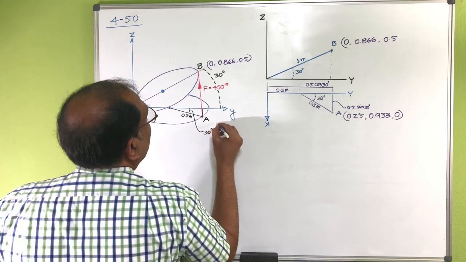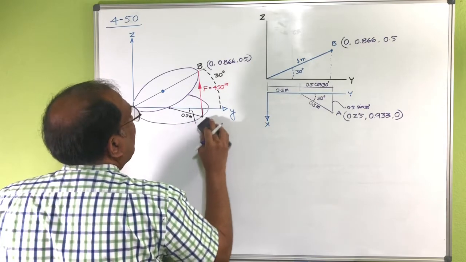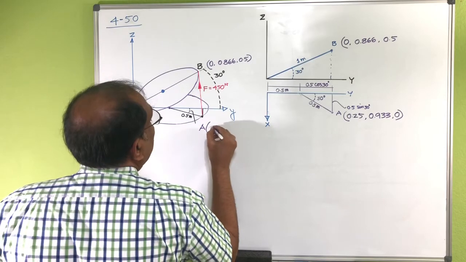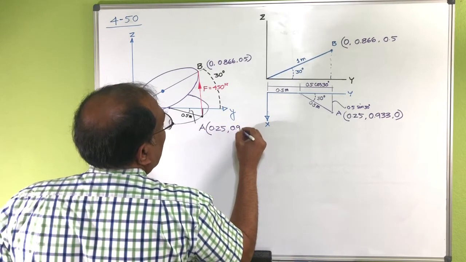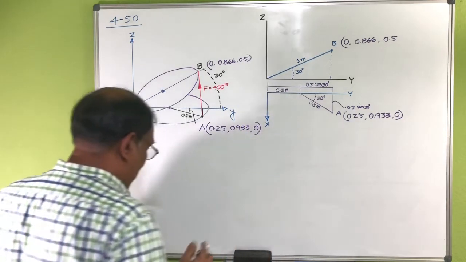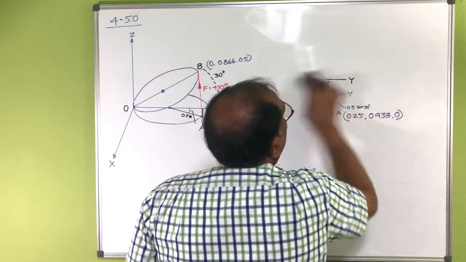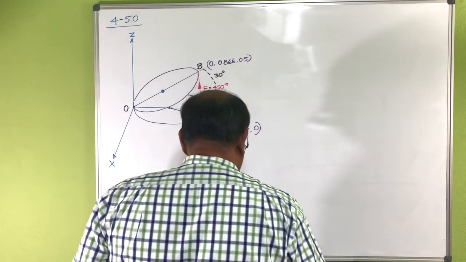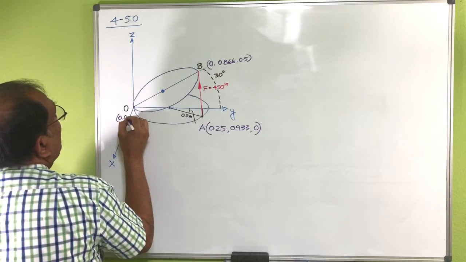For A, the location of A is 0.25, then 0.933, and 0. Okay? So if I want to find out the moment at O, we know the location of O, which is at the center here. So this one is 0, 0, 0.